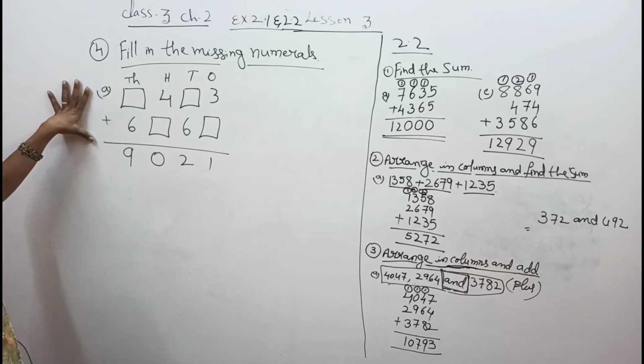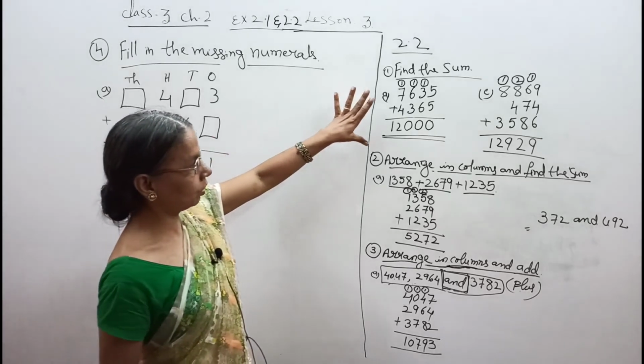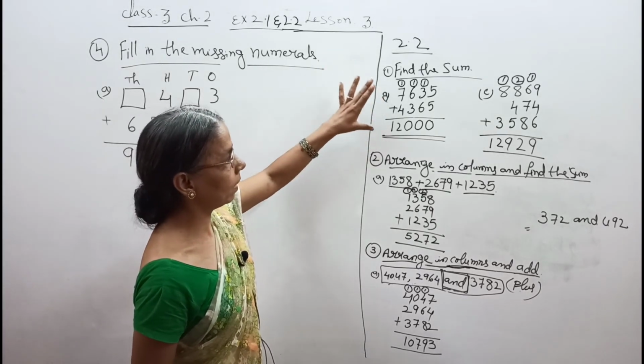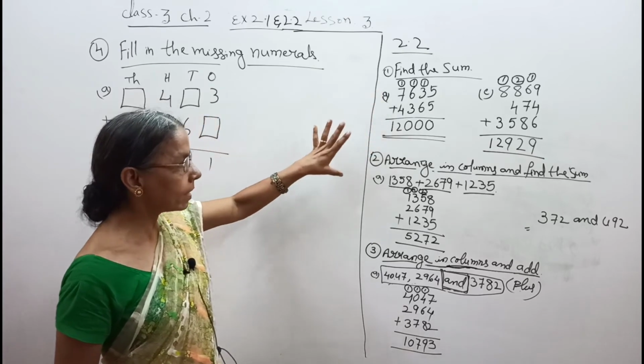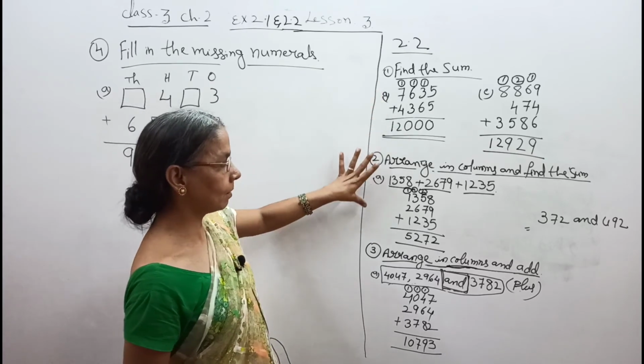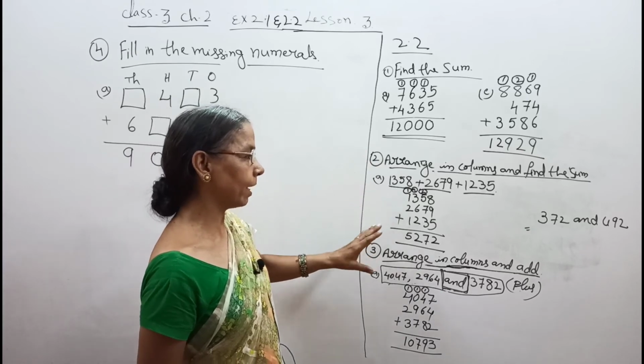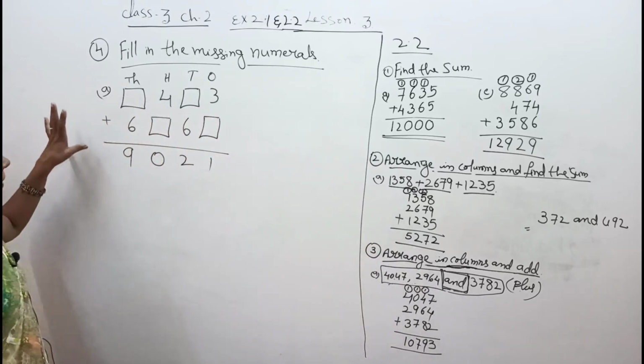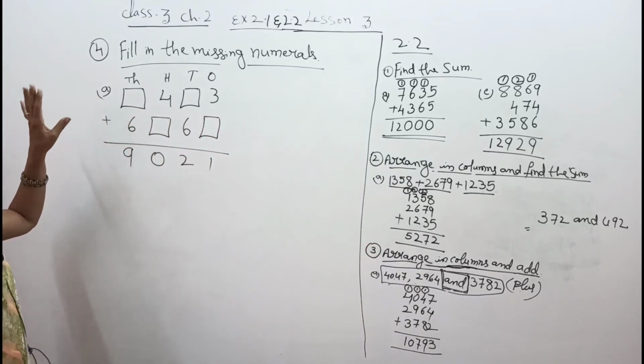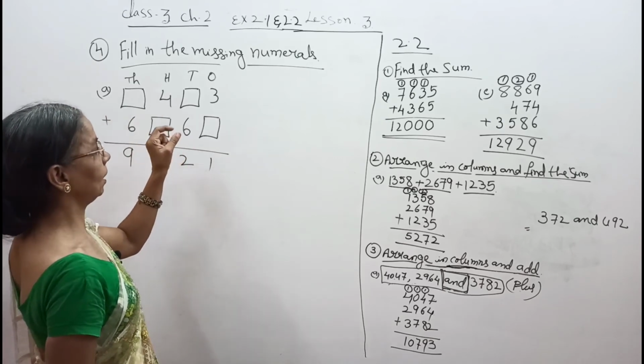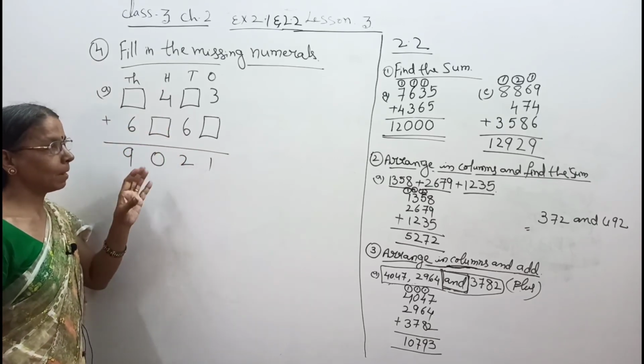Till now, whatever numbers are given to us, we are simply adding the numbers or making the columns and adding the numbers. Now we are going to first find out the number which is suitable for the blank.